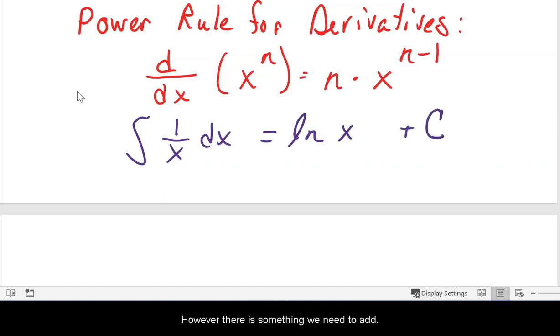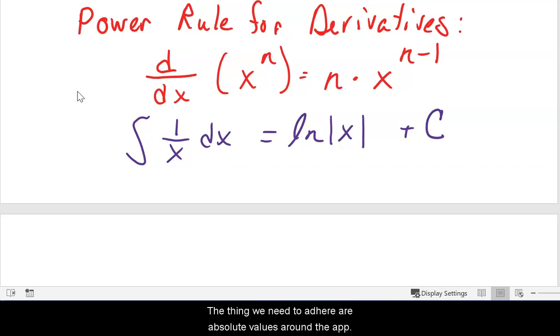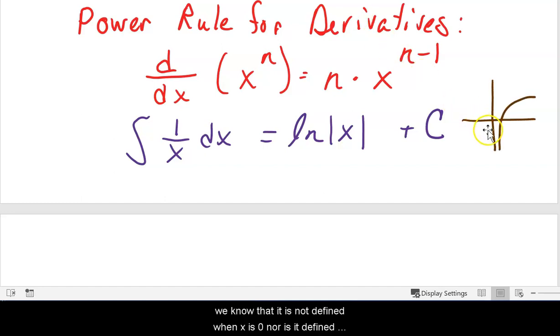However, there is something we need to add. The thing we need to add here are absolute values around the x. The absolute values are required on that because if we remember what our natural log function looks like, we know that it is not defined when x is 0, nor is it defined on the negative half of the coordinate plane.